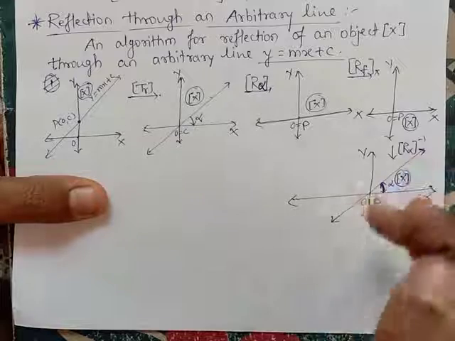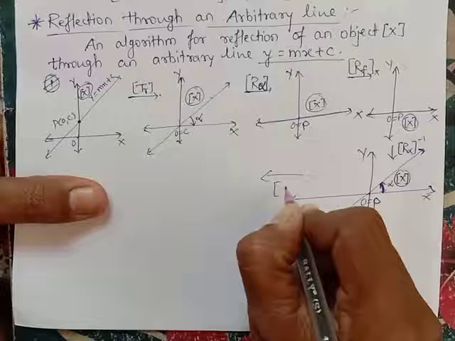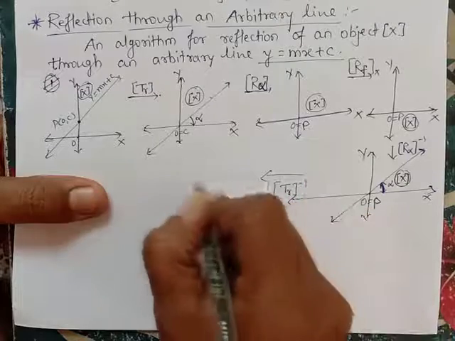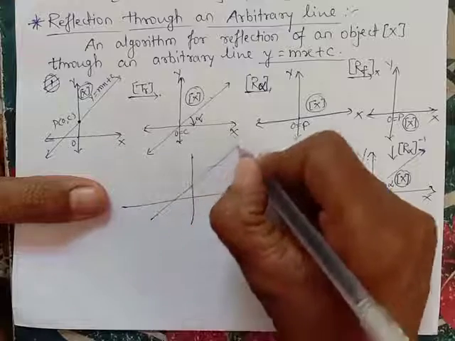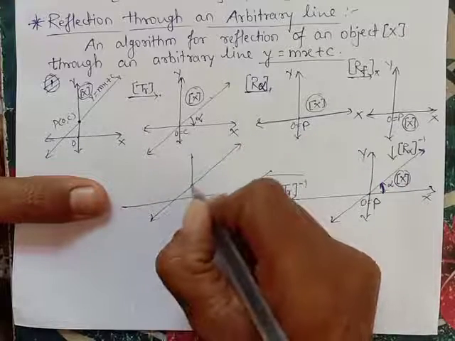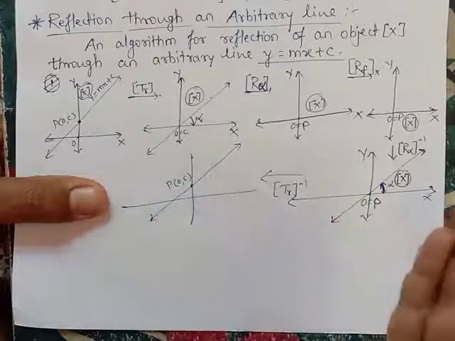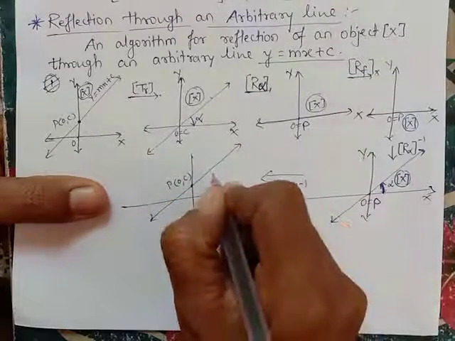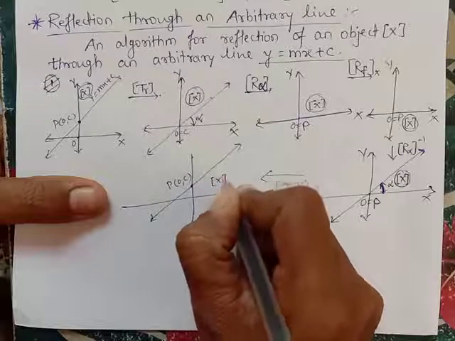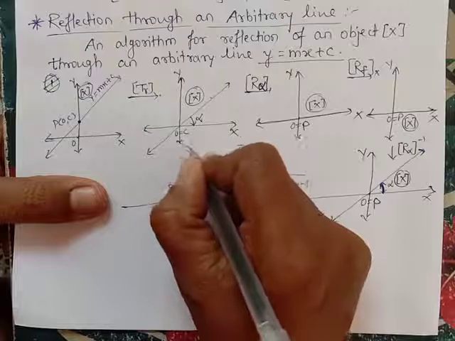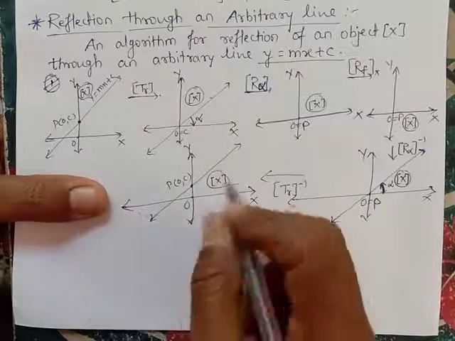Now shift this point P to its original position. So for that we'll apply inverse translation. So applying inverse translation, our line will come at its original position with these coordinates of P, and due to that the object also comes here. Yes, so as such we can reflect the object through what?